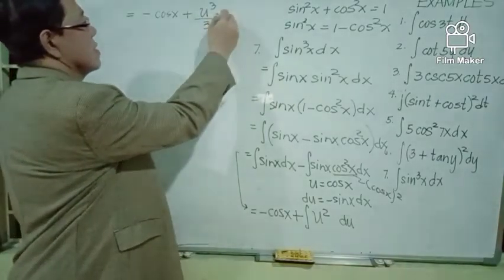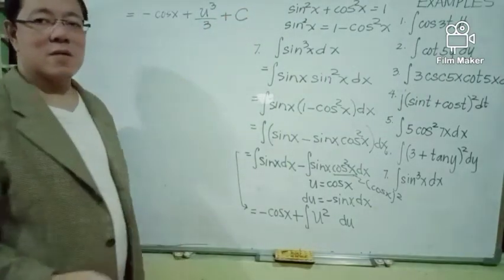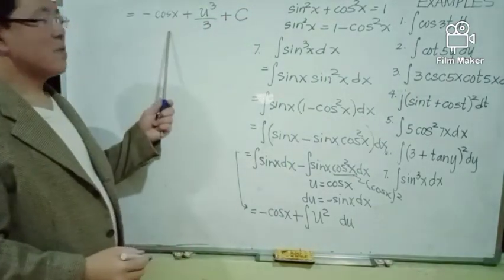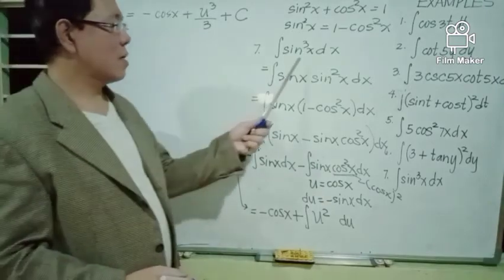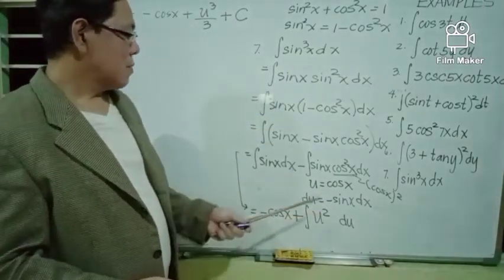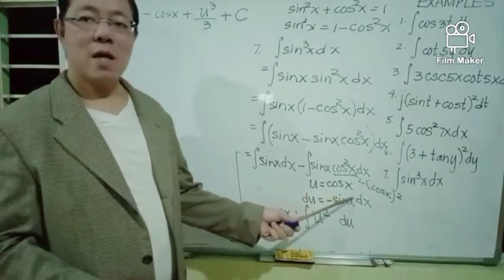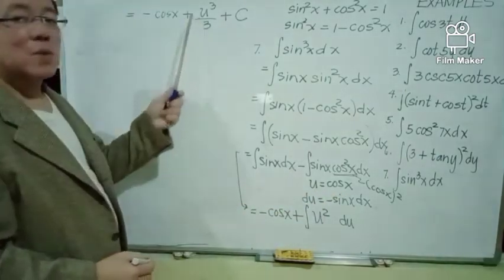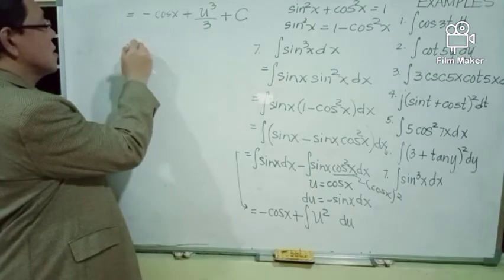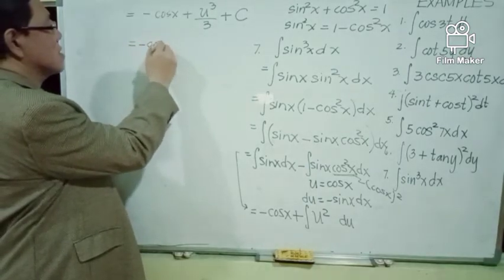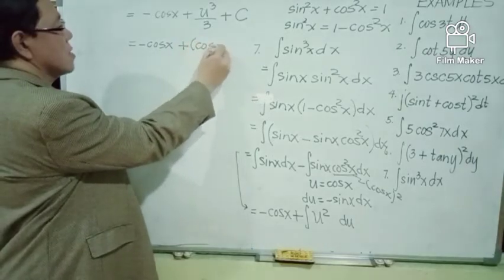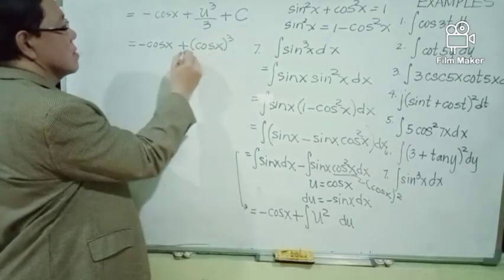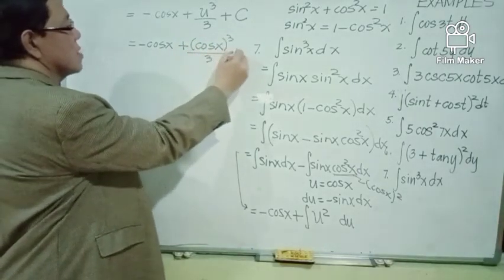Divide by 3 plus the constant of integration. And we write the final answer in terms of the original variable x. We replace u with cosine x, which equals negative cosine x plus the cube of cosine x over 3 plus c.